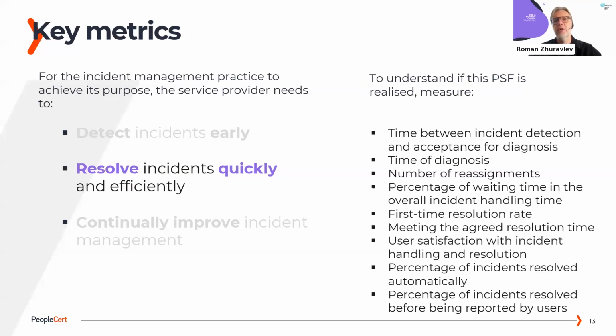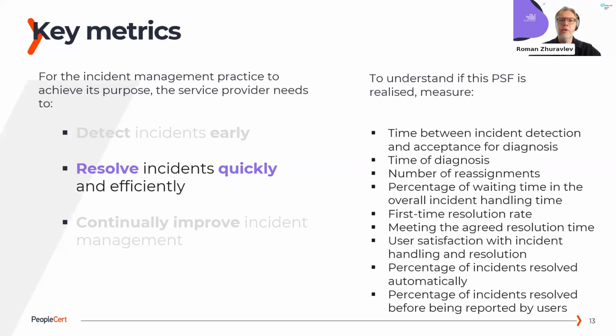It really depends on the organization's context and the ability to automate something. Percentage of incidents resolved before being reported by users or noticed by users can be a very high aspirational objective for some organizations and something very normal for another.